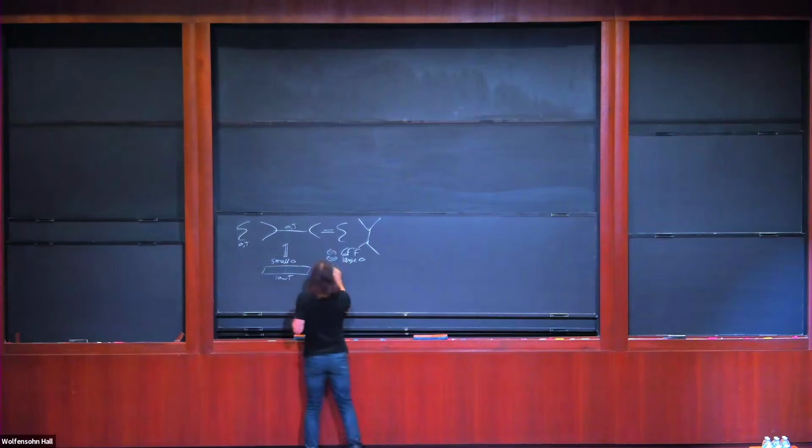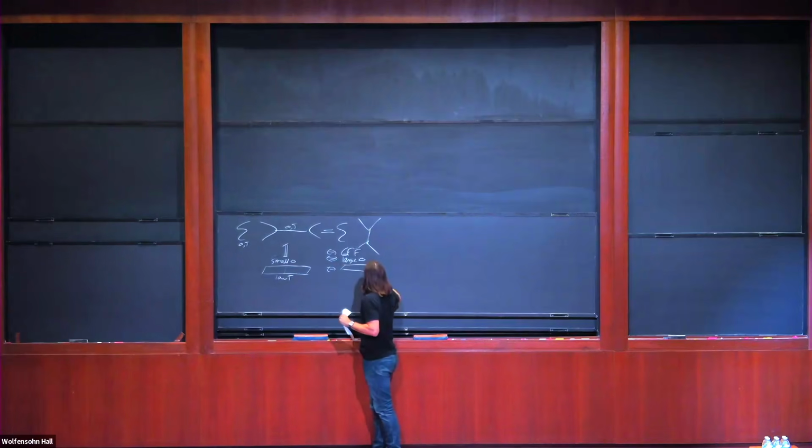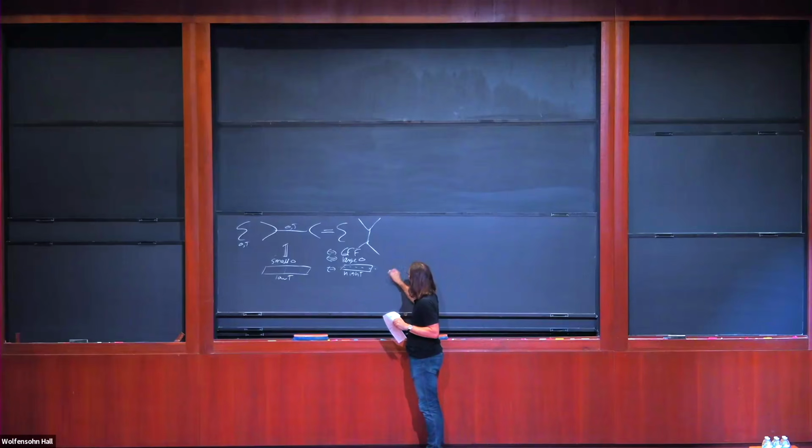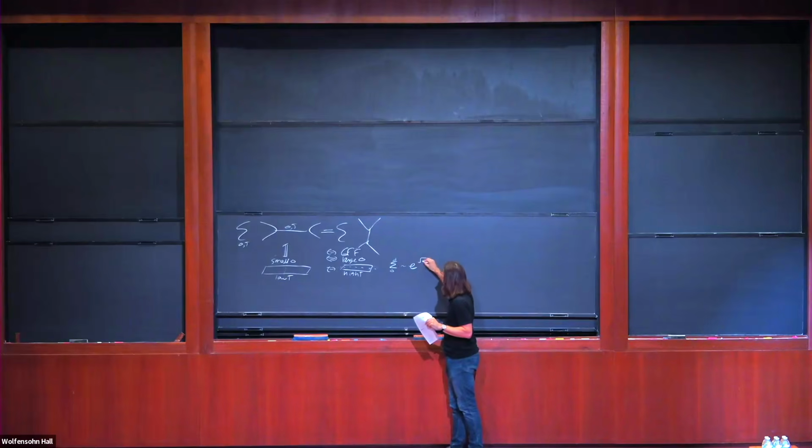And on the other side, if you compute it in the different channel, it's going to be controlled by high temperature. And using these sorts of things, for example, people learned that the total density of states, the total number of operators in the CFT up to delta prime, goes like e to the square root of some number times c times delta prime.